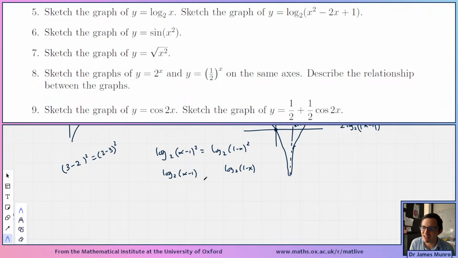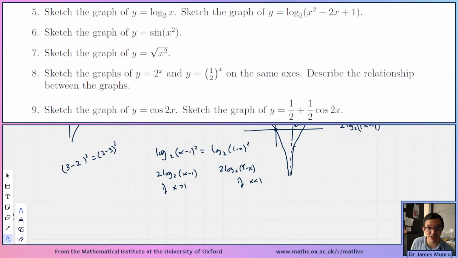Thank you, chat. So I would say that this thing is equal to this if x is bigger than 1. Then these things are equal. And I'd say it's equal to this if x is less than 1. And that's to do with careful consideration of which way round these logarithms are defined. So I have these two cases.